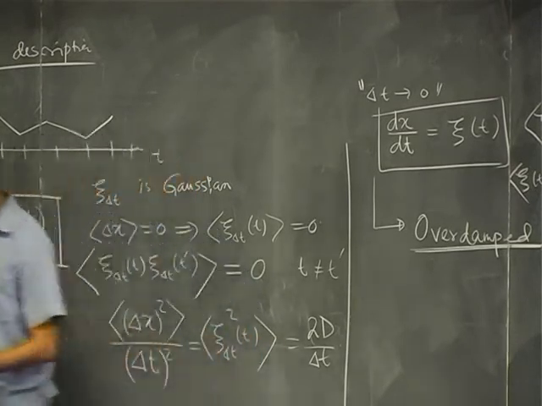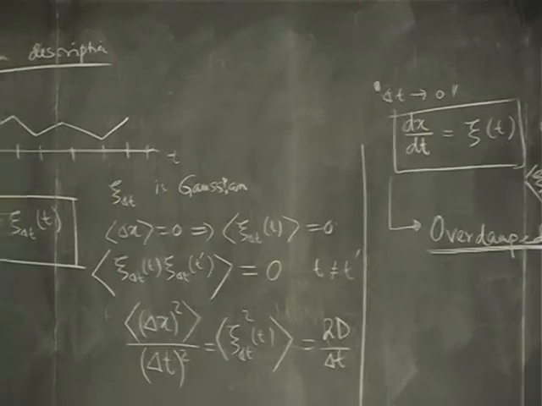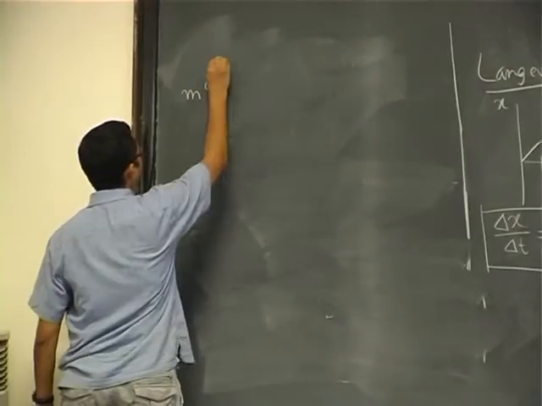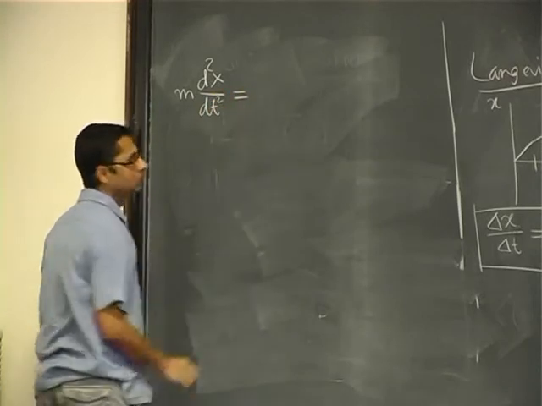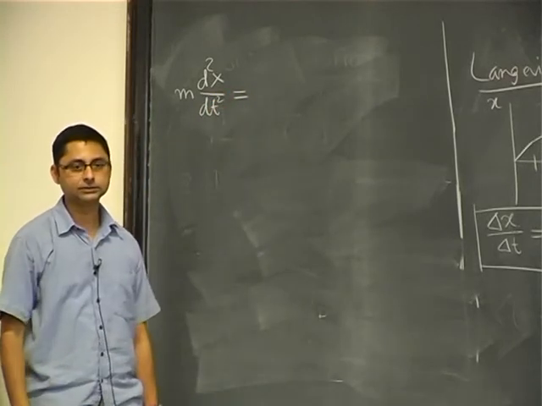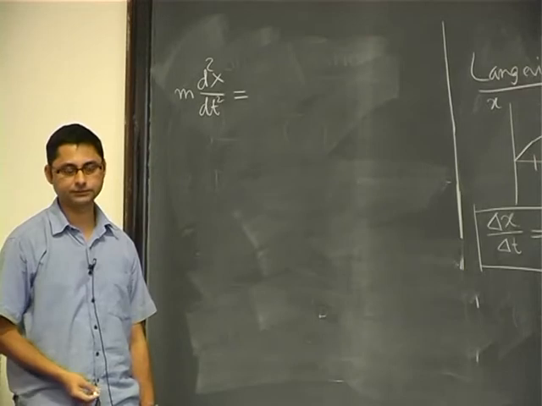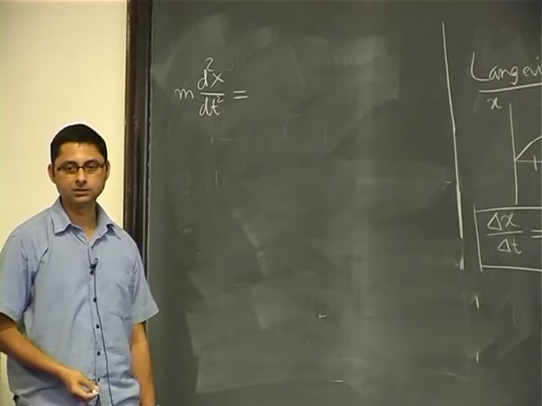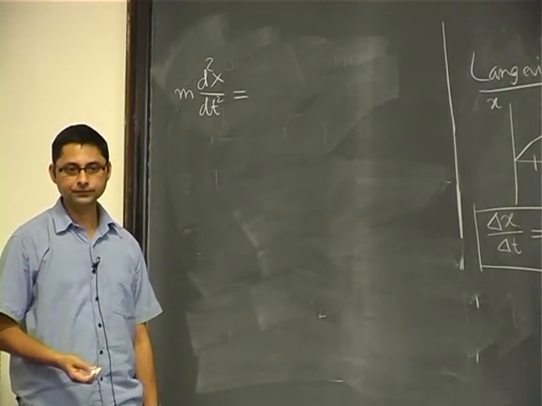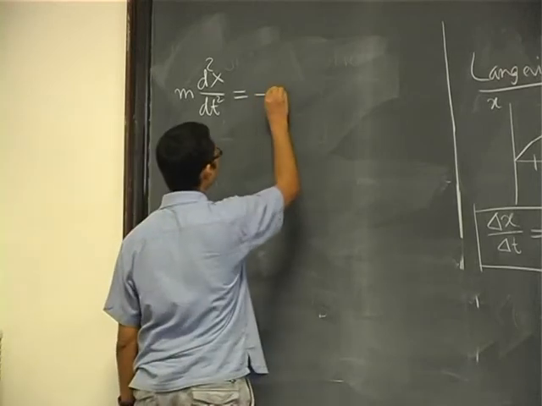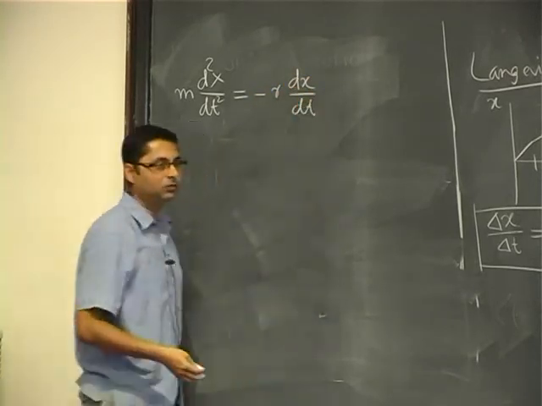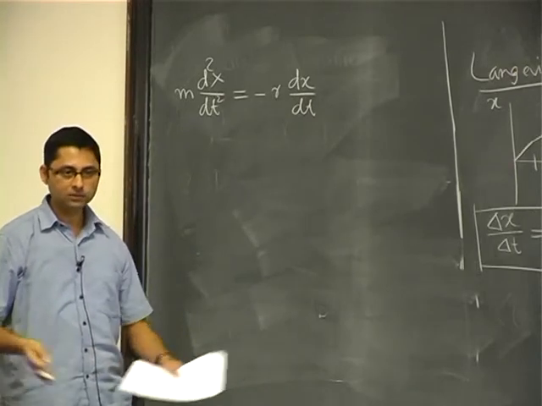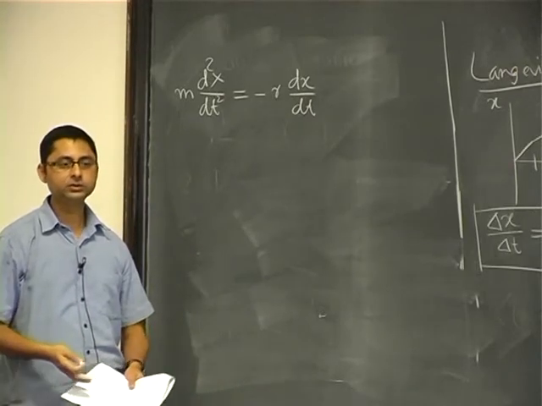What is the Newton equation? m d2x by dt2 is equal to the forces. So, what are the forces? One is the drag force, equal to minus gamma dx by dt, and one is the force which you call noise.